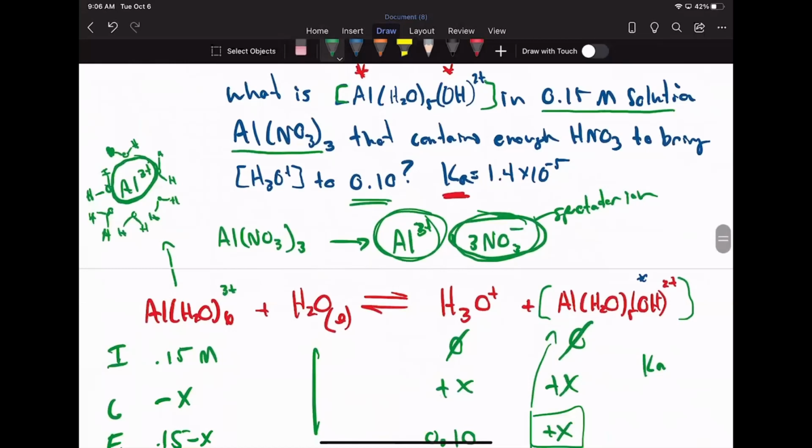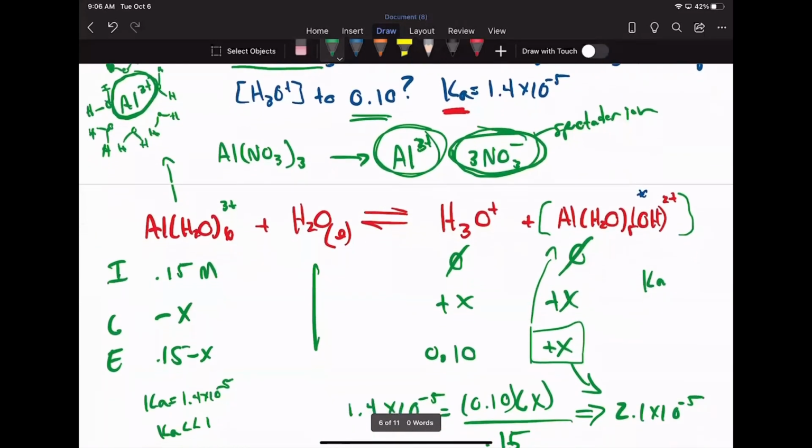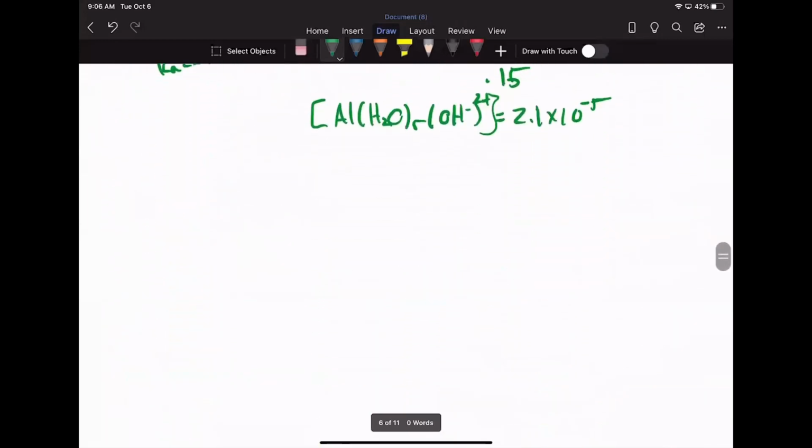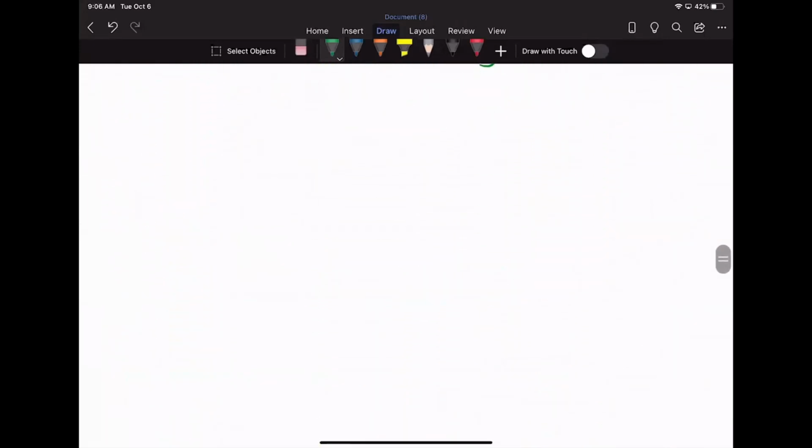So kind of complex. Again, we have to decide what our spectator ions are going to be from these hydrated metals that we have. And that'll bring us to what we could consider, so we've gotten hydrated metals.